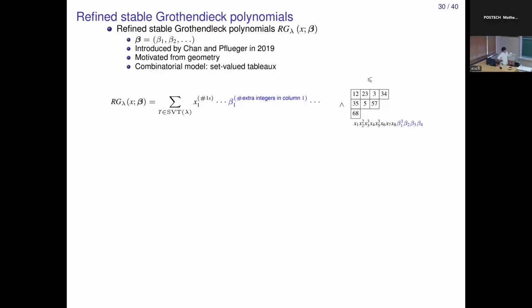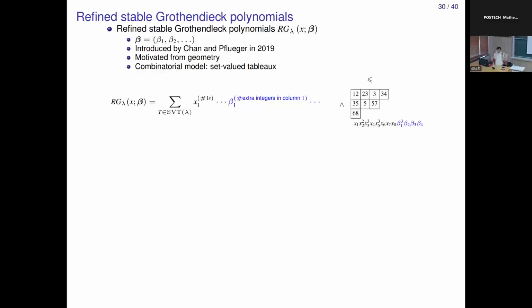The condition is still the same, but only the weight is different. Of course, we must have some beta over here. The beta follows the number of extra integers in each column. So the power of beta 1 is the number of extra integers in column 1. By extra, I mean that usually for SSYT, each cell contains one element.